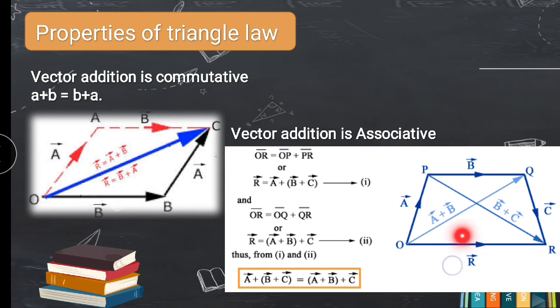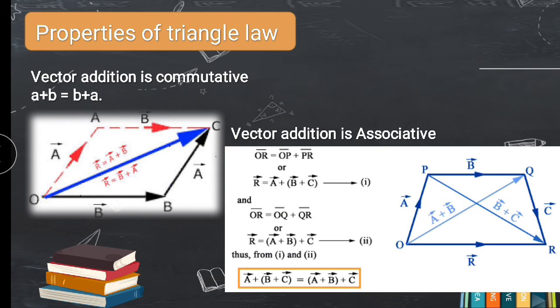Then we can write R in two ways. We can write in one way by using A plus B. Right? If we are using A plus B, and in that we are going to add B plus C, then in A plus B, B is already there. So no need to write B again.